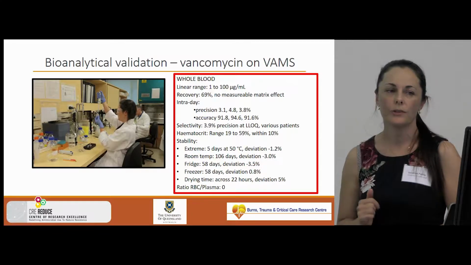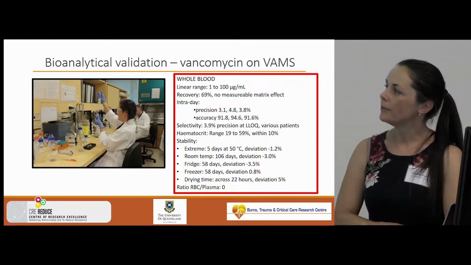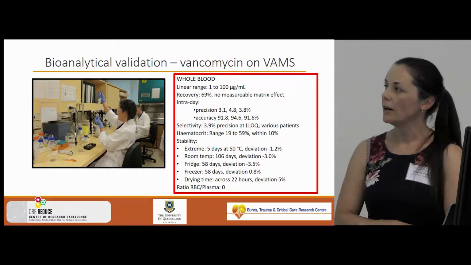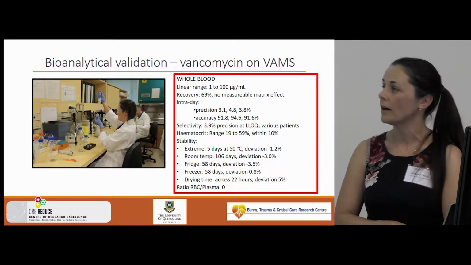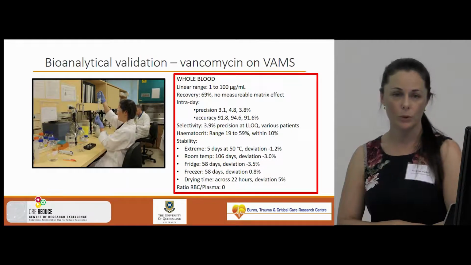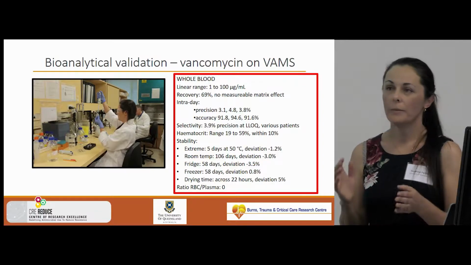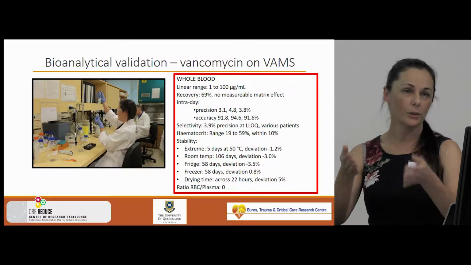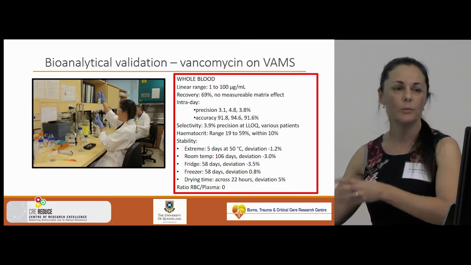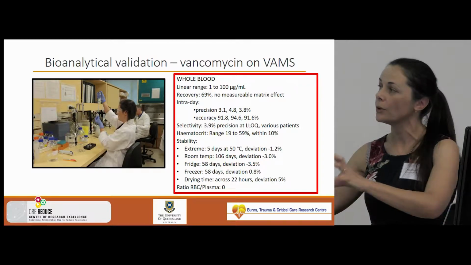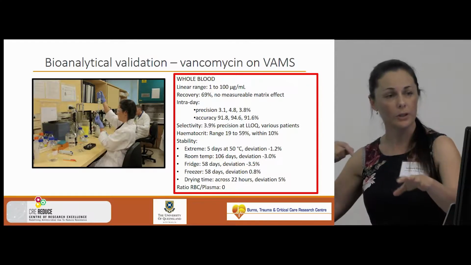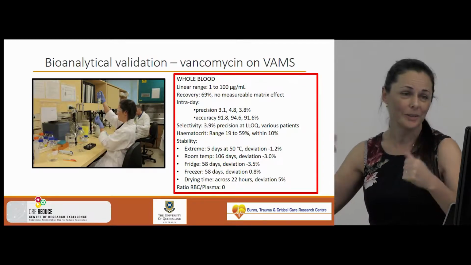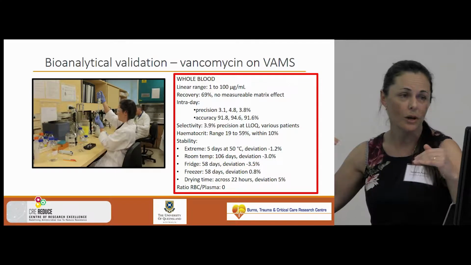At the time, we also tested dried plasma spots, and we published our finding, which was that we found a recovery effect across 56 hours, and it deviated 30 to 40%. This meant for downstream testing that if you dry your clinical samples for a different length of time to your calibration standards or QCs, your concentrations for your clinical samples may be underrepresented or potentially overrepresented depending on the length of time.